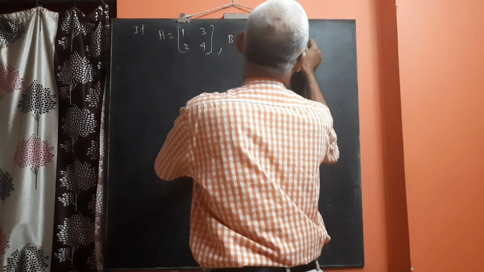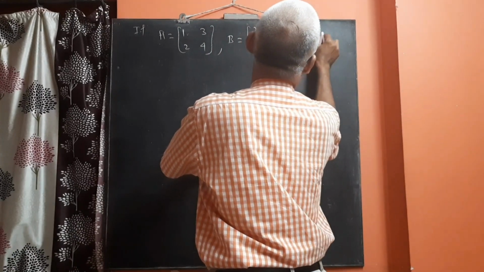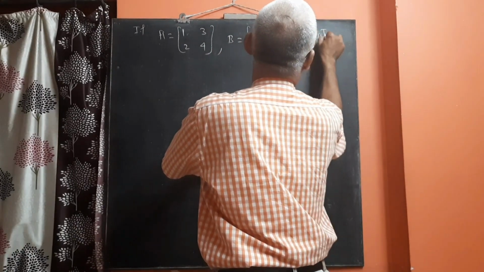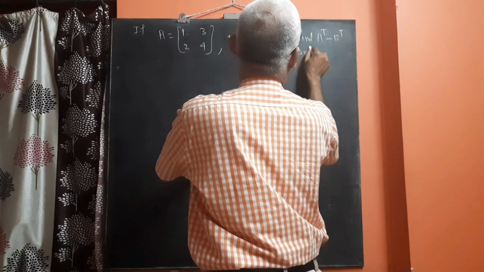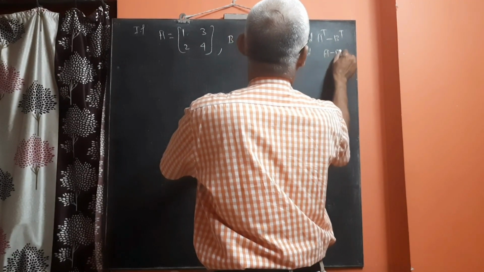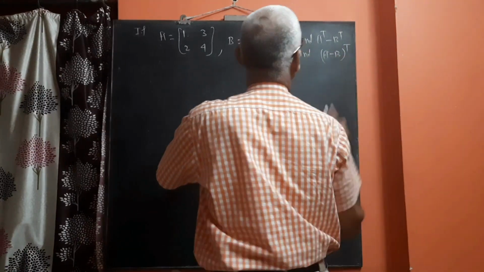Find A transpose minus B transpose and (A minus B) the whole transpose.